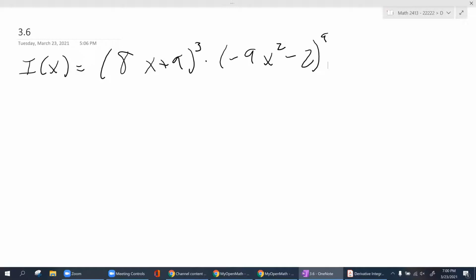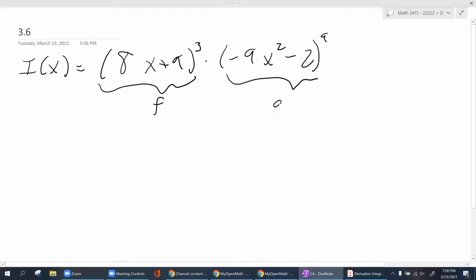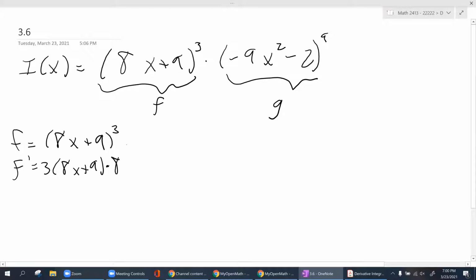So this is my f, and that is my g. My f is 8x plus 9 to the third, meaning my f prime is 3 times 8x plus 9 times 8, meaning this is 24 times 8x plus 9.